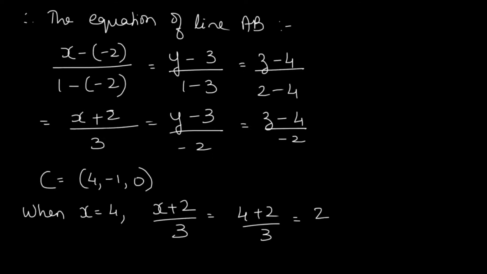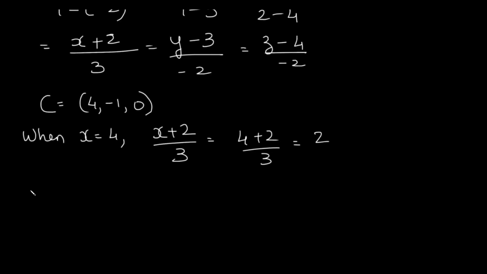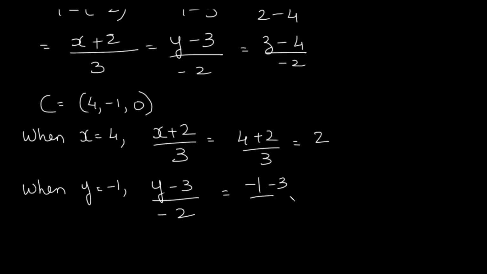Similarly, when y is equal to -1, the second Cartesian equation, that is y minus 3 upon -2, can be written as -1 minus 3 upon -2, which comes out as -4 upon -2, which is 2.